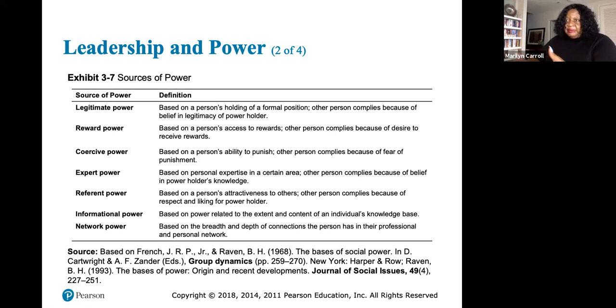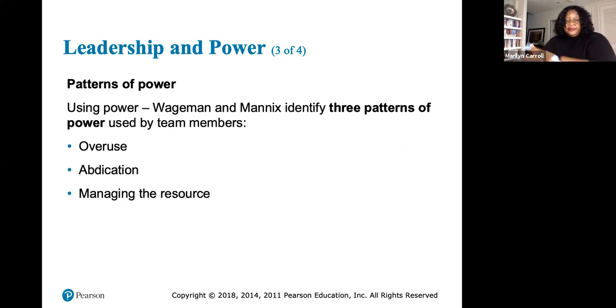Yes, I may have a network of people I'm associated with, but that doesn't mean that network is going to buy or do. Those in the entertainment industry, like the Kardashians or a famous movie star, have both referent and network power because they have a huge network. Even though they don't associate with the network like that, people love to follow them. So their referent power and network power work together.